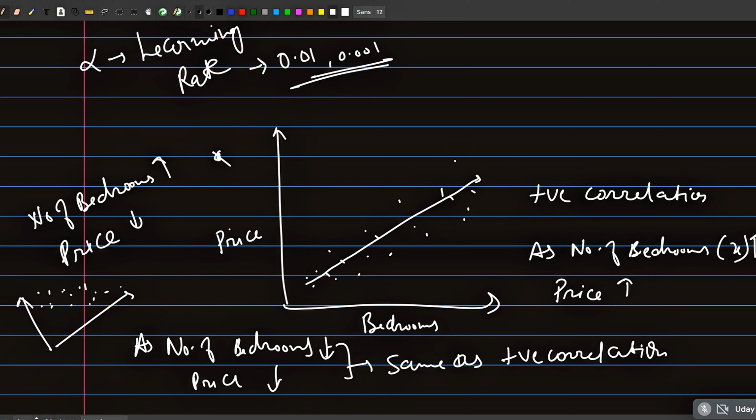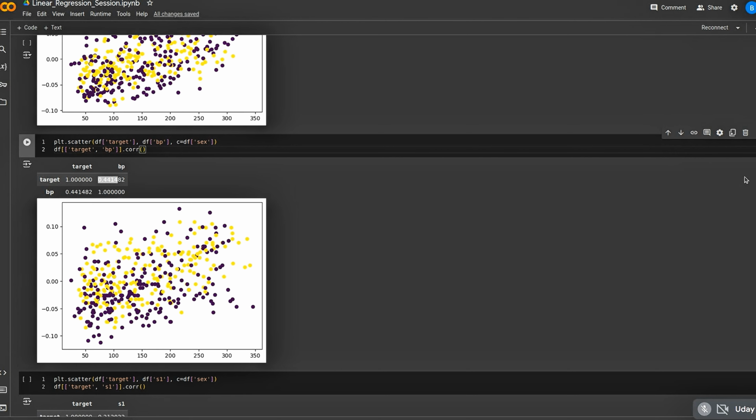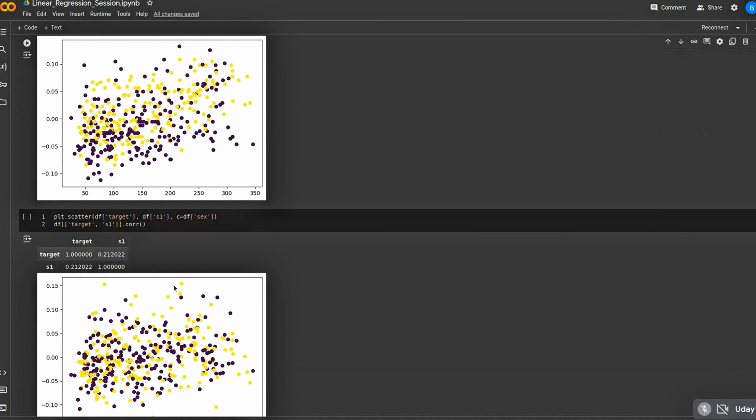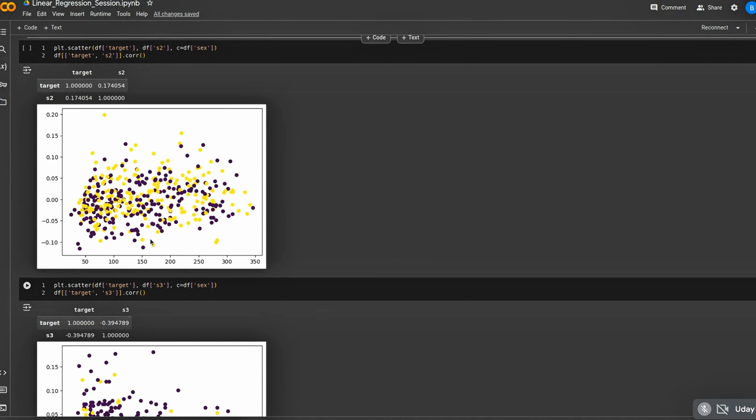These are the values. If you want to see mathematically how it is calculated, you can explore, but we won't go into that. For the target, blood pressure and everything, we have calculated the correlation.